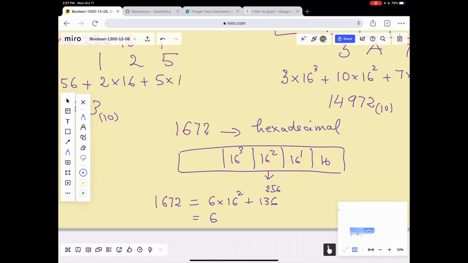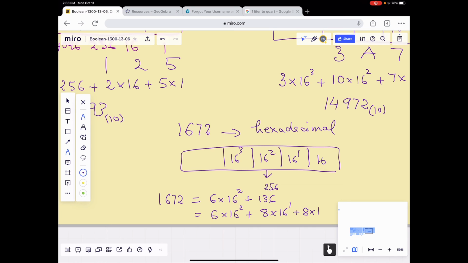So you got 6 times 16 to the power of 2 plus 8 times 16 to the power of 1, and then you got 8 left, so you got 8 times 16 to the power of 0. 16 to the power of 0 equals 1.